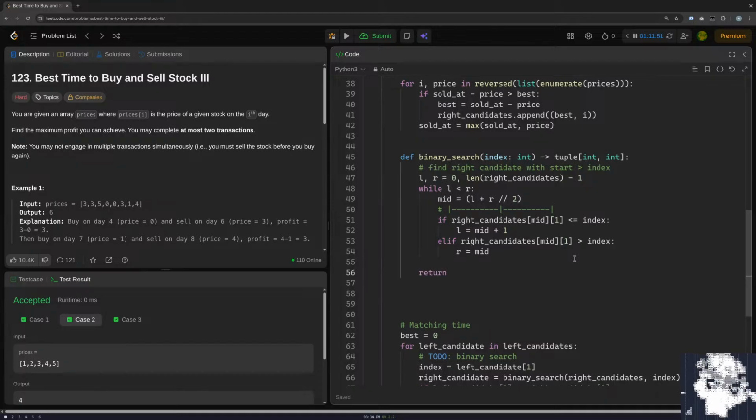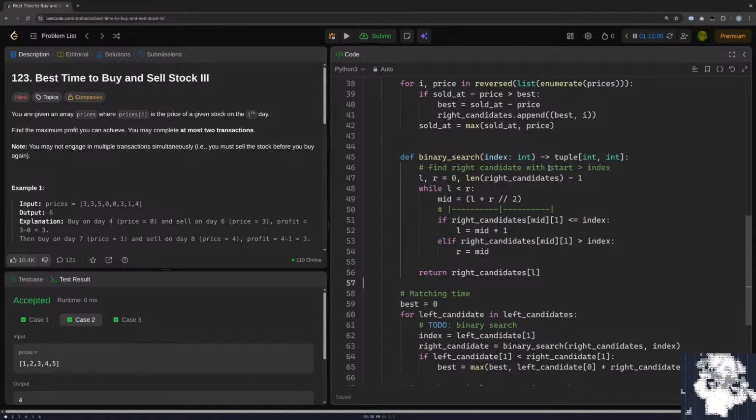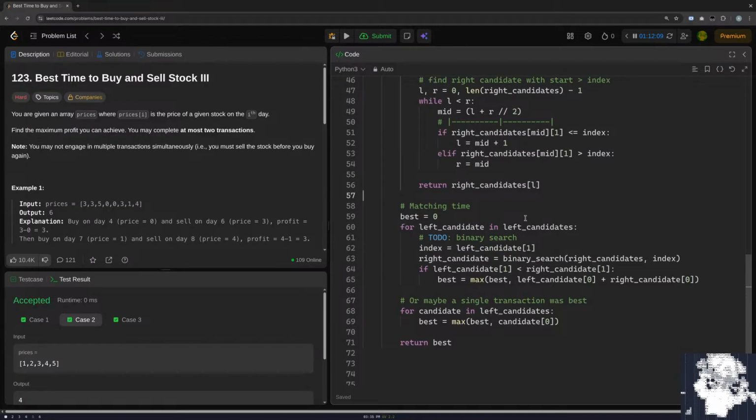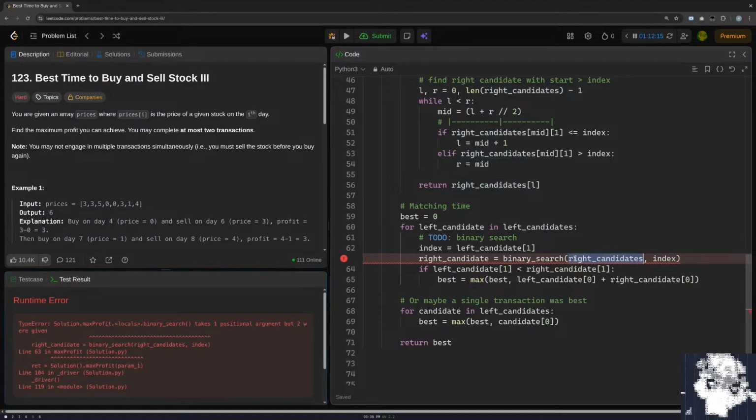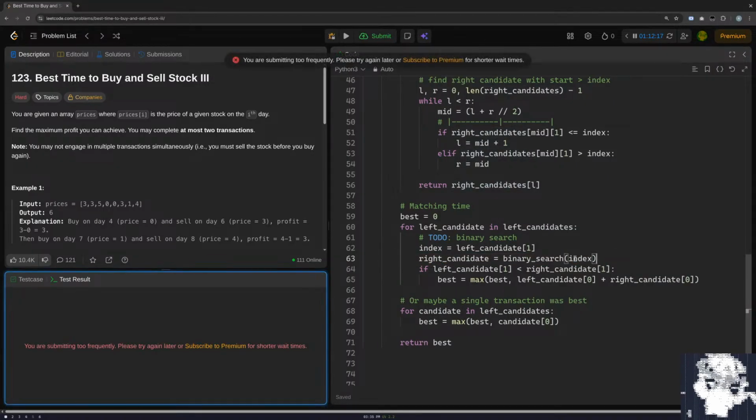At the end, return right candidates of L. I always have so much trouble implementing binary search for some reason, so there's no way this will work on the first try. Well, first of all, I forgot to change the signature here.